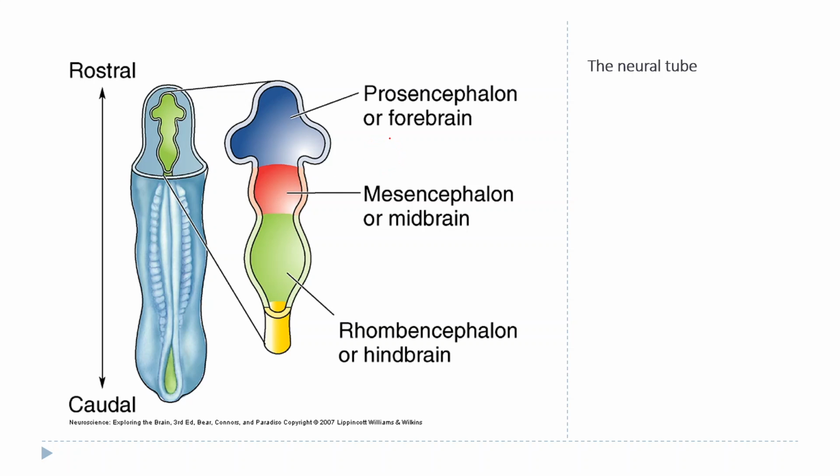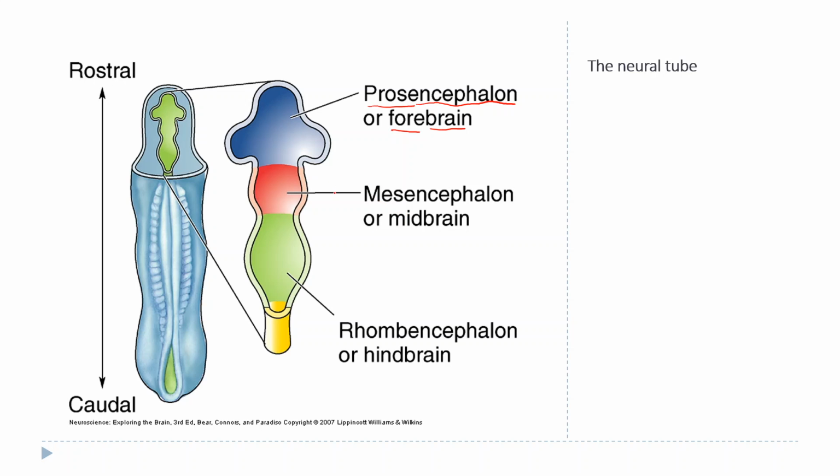The most rostral one, the one all the way at the front, we call the prosencephalon. Encephalon really means head, but we also call it the forebrain. So that rostral-most third of this swollen part of the neural tube, we call the forebrain.